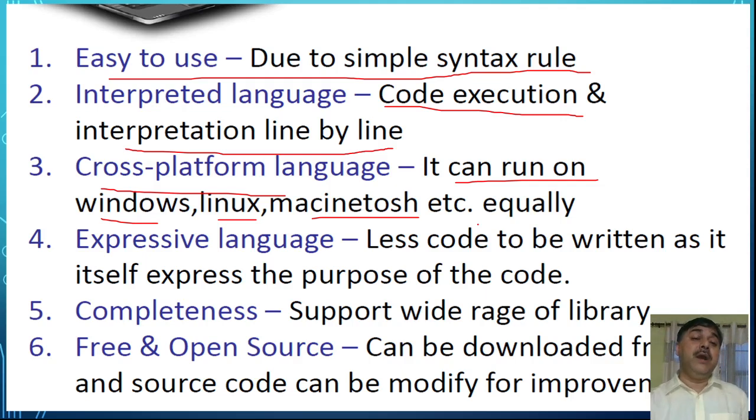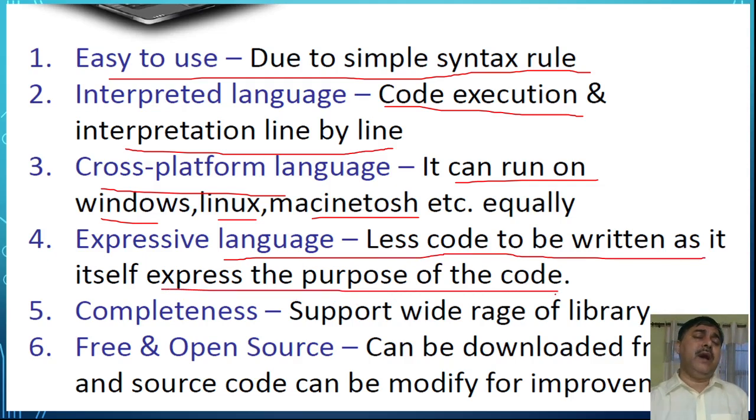Next we can find, expressive language. What is an expressive language? That less code is required. A huge amount of code and a huge amount of write up is not required here. What we exactly require is to write very little code. Like suppose a equals 10, b equals 20, sum equals a plus b.